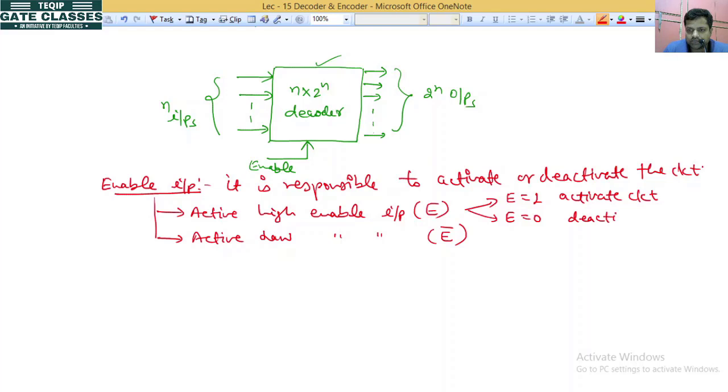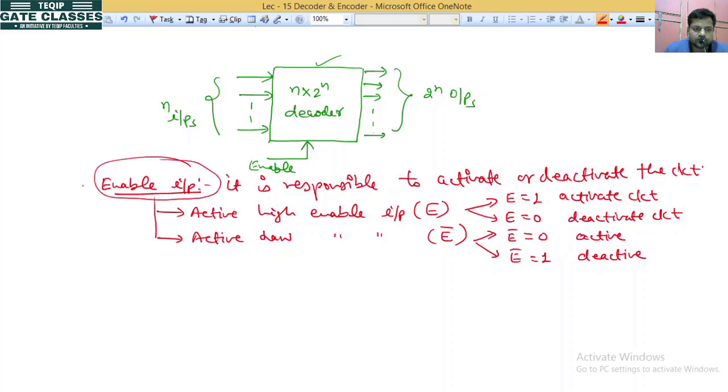Similarly here, if E bar is equal to 0, then it is active. If E bar is equal to 1, then it is deactivated. So this is some concept related to enable inputs.